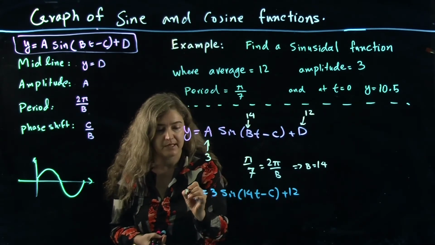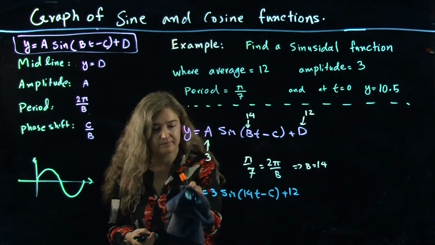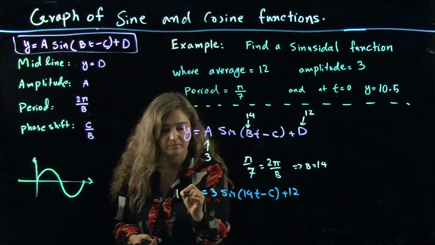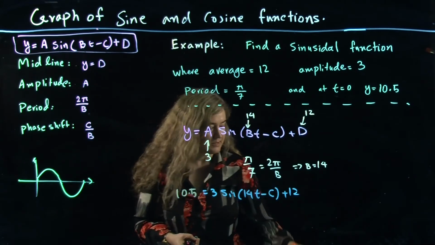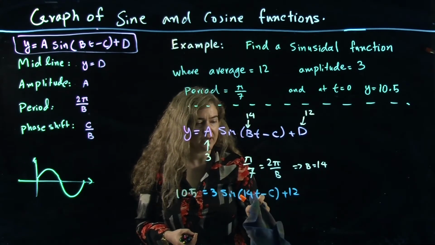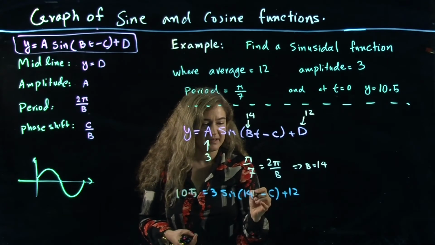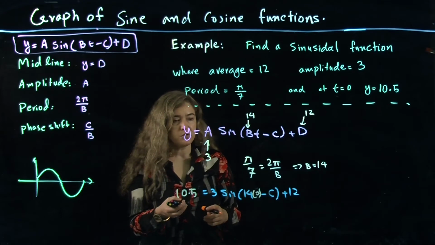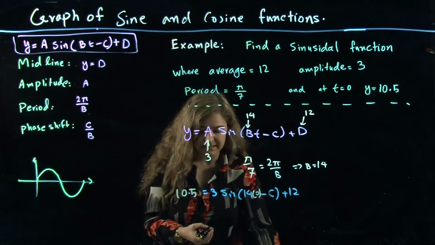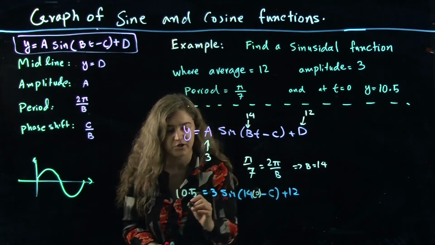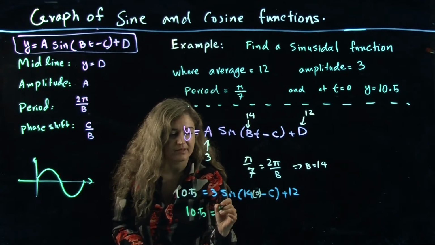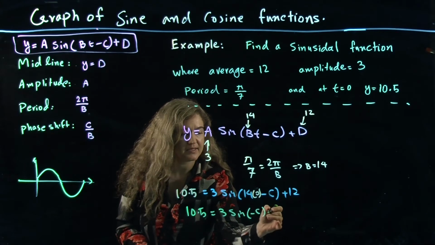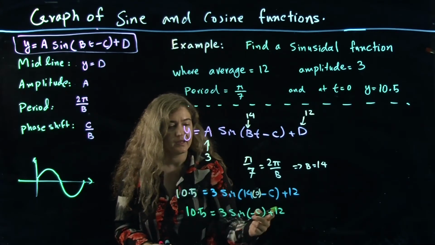This is supposed to be 10.5, and this one is supposed to be 0. So what it is coming down to is this equation: 10.5 is equal to 3 sine of negative C plus 12.